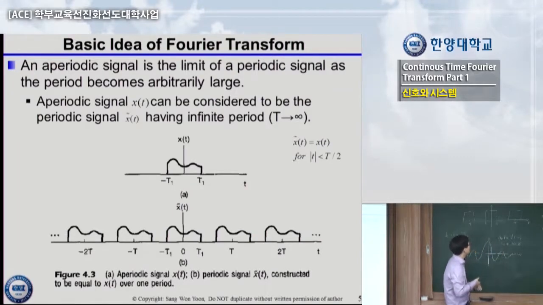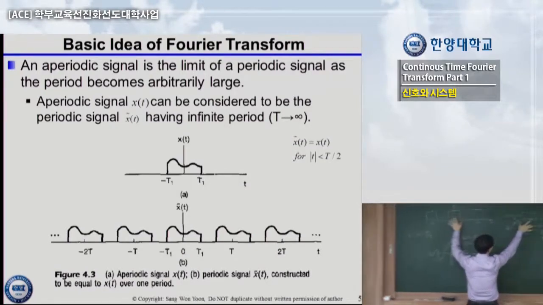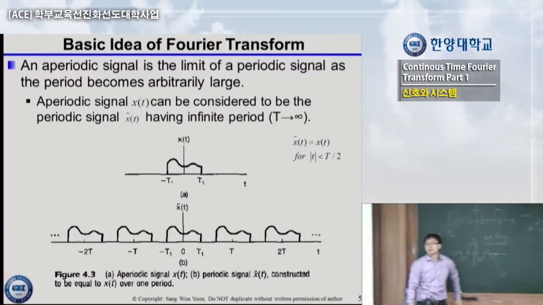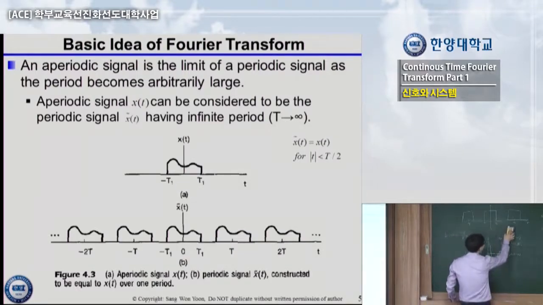Let's still use this. If you have an infinitely long T, what happens? As T becomes larger, the squares move away, and when T becomes infinite, they are removed from your eyesight, right? So if you make this T infinite, then you can erase those periodic signals.